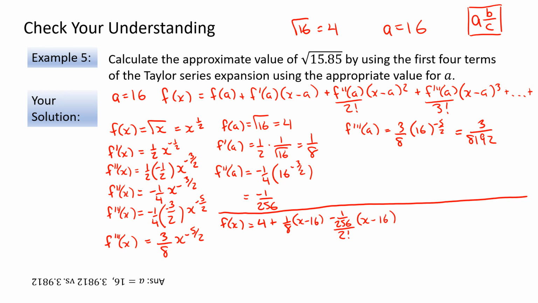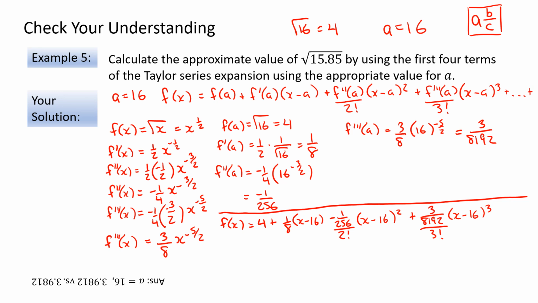So x minus 16 squared. And our last term, okay, which is plus 3/8192, x minus 16 cubed. And that's divided by, remember, 3 factorial. So now we have this, okay?